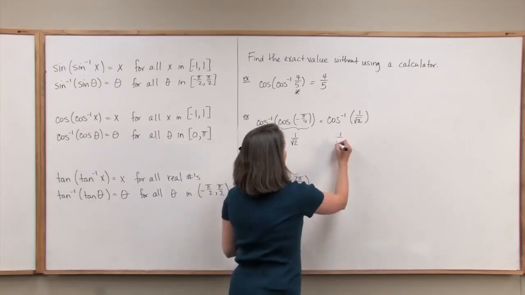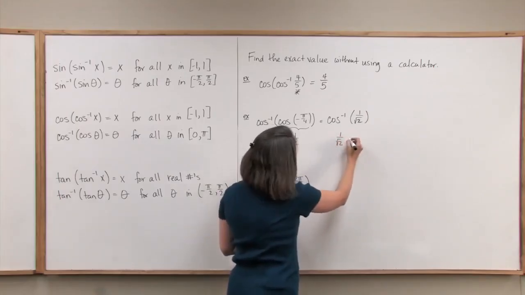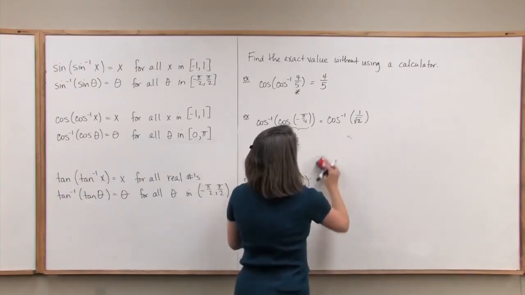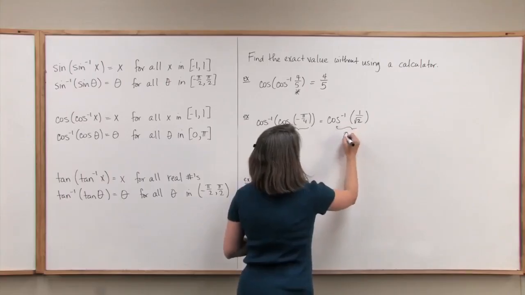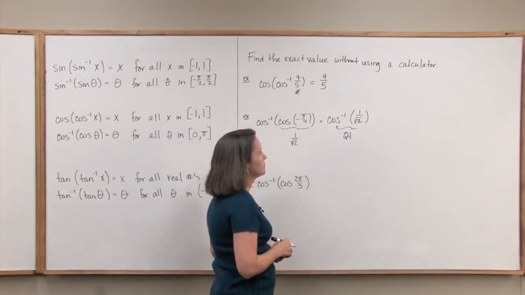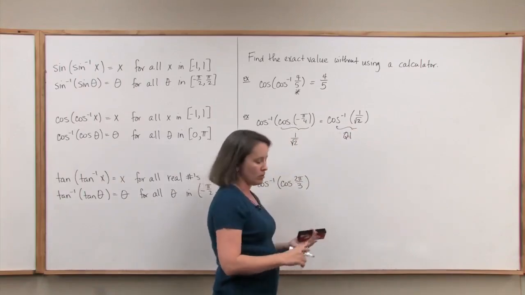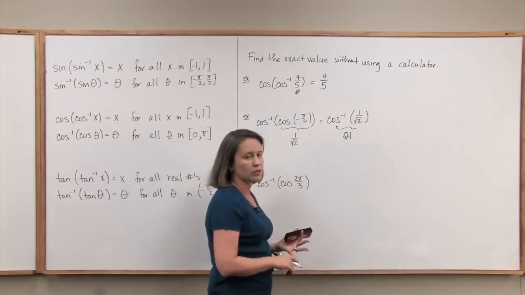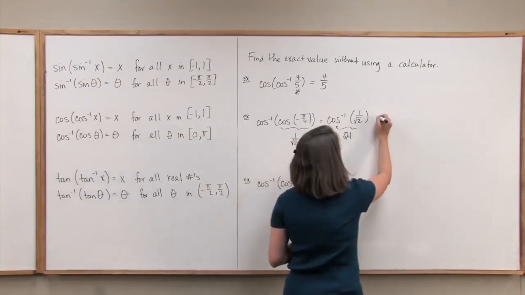Okay, so 1 over the square root of 2 is positive, and so this is going to lie in quadrant 1. What angle is it? Well, it's in quadrant 1, so it's a positive acute angle, and its cosine is 1 over the square root of 2, so π/4.